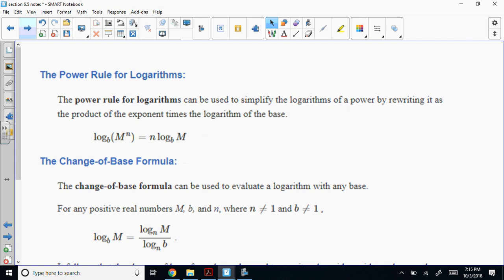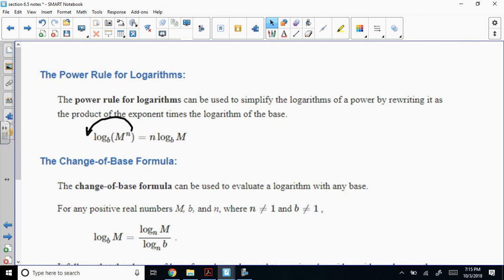Power rule. Anytime you have the of part right here, log base b of m, if it's raised to a power, you can bring the power out in front of the log. So the number in front of the log is really the power of the of part, right?